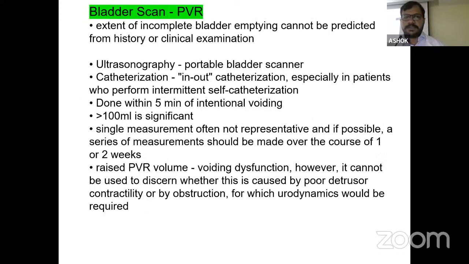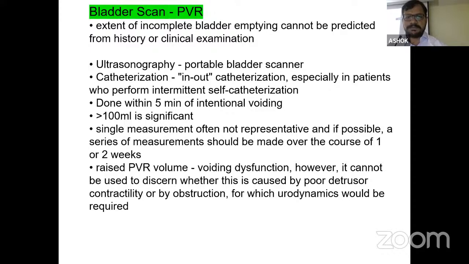Bladder scan, PVR. The extent of incomplete bladder emptying cannot be predicted from history or clinical examination. It is measured using a portable bladder scanner or by catheterization in CIC patients with a neurogenic bladder, done within 5 minutes of intentional voiding. More than 100 ml is significant.